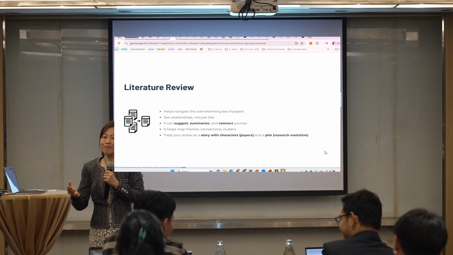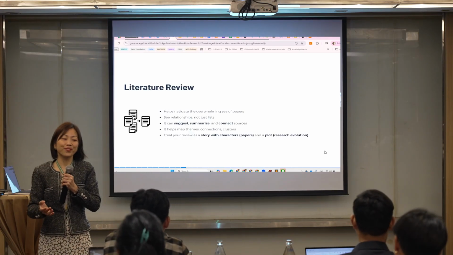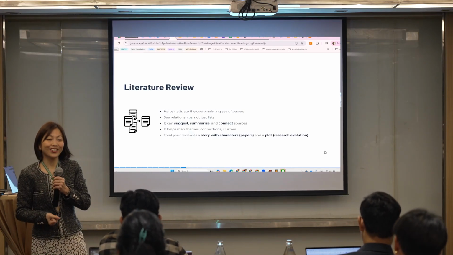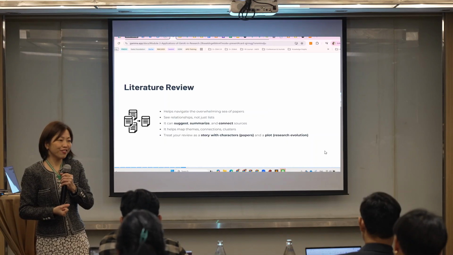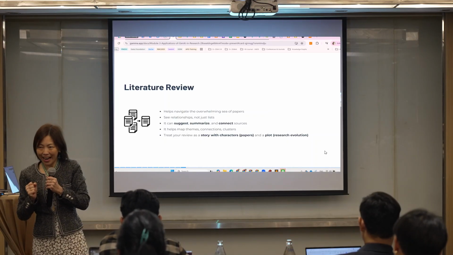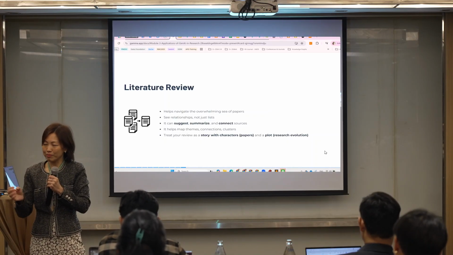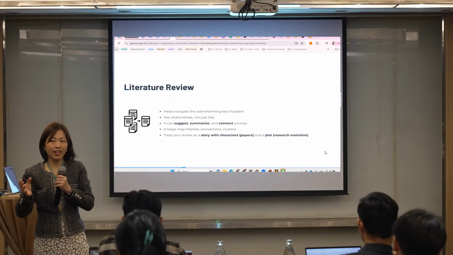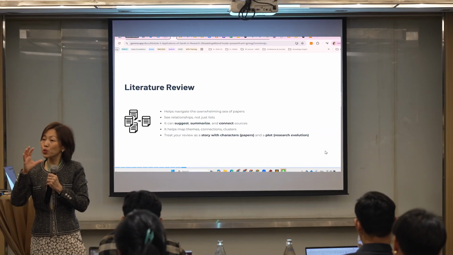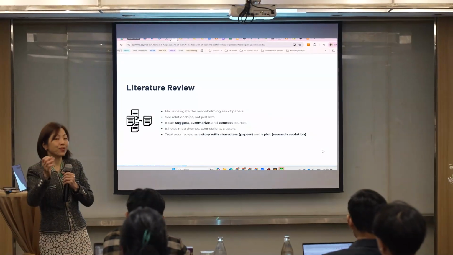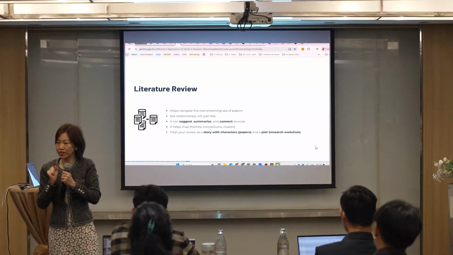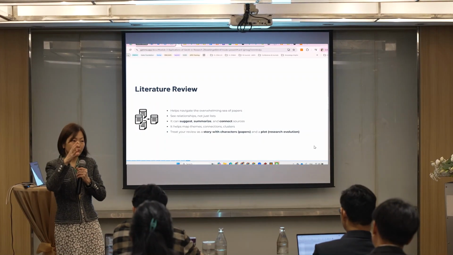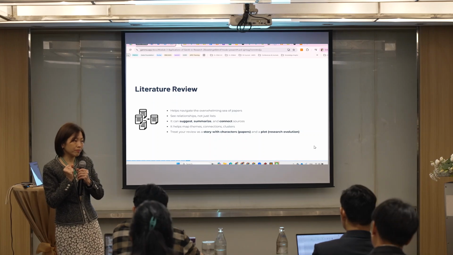Nowadays, people produce a lot of research articles. We cannot read all of them in a short time. So these tools, of course, help you summarize certain things, or sometimes help you even find relevant papers. That is also important, right?